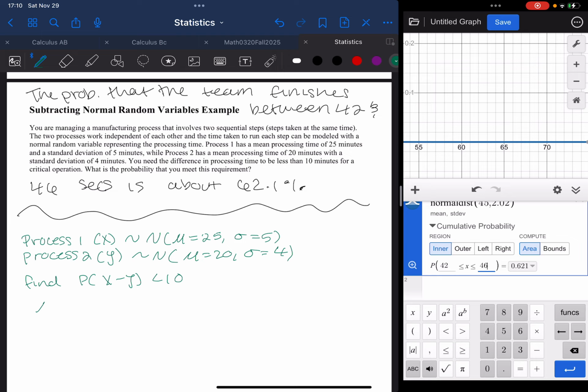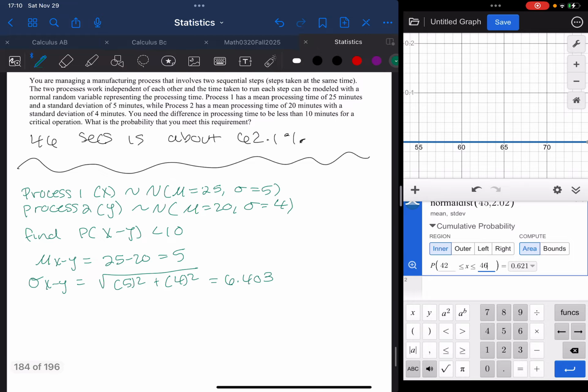So mu of x minus y is going to be 25 minus 20, which is 5. And standard deviation of x minus y is going to be the square root of 5 squared plus 4 squared, which gives us 6.403. So this leads us to our new distribution, which is x minus y, that follows the normal distribution of mu equal to 5 and standard deviation equal to 6.403.